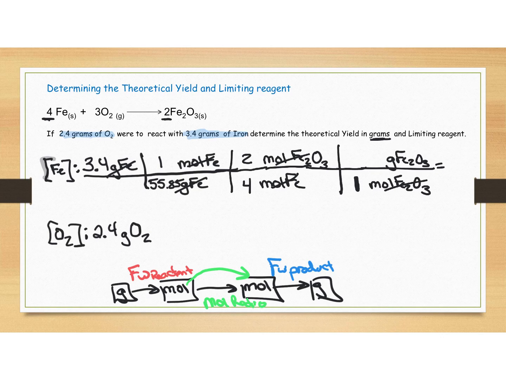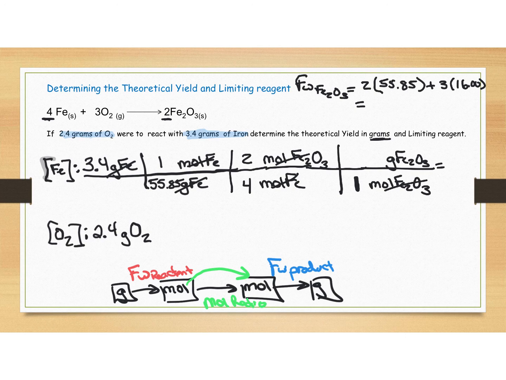Well, in this case, we're going to have to determine what the formula weight is of my Fe2O3. That's going to be 2 atoms of iron at 55.85 plus 3 atoms of oxygen at 16.